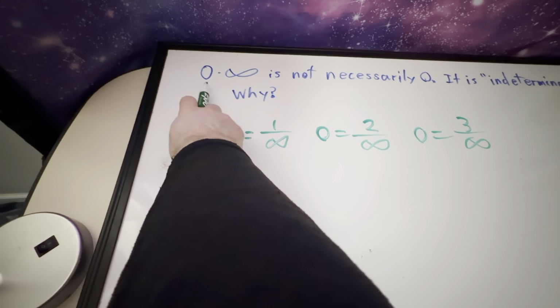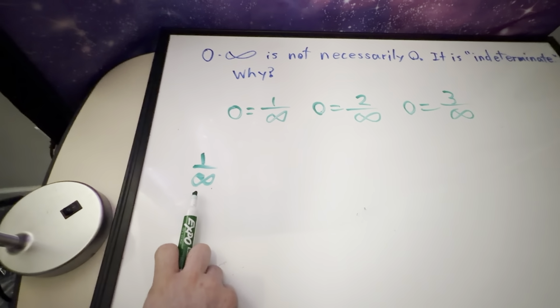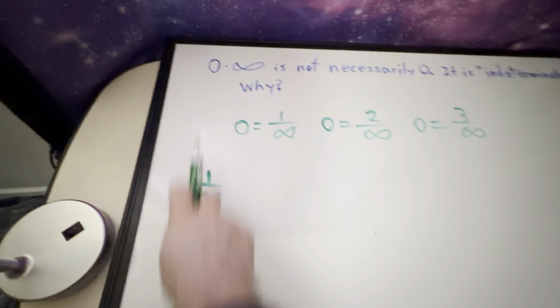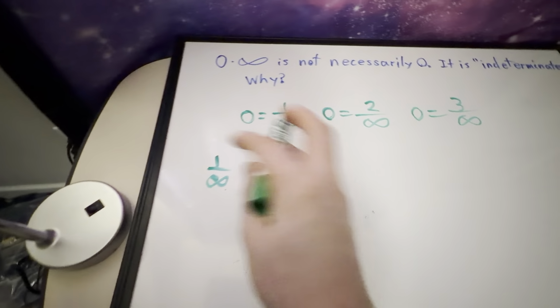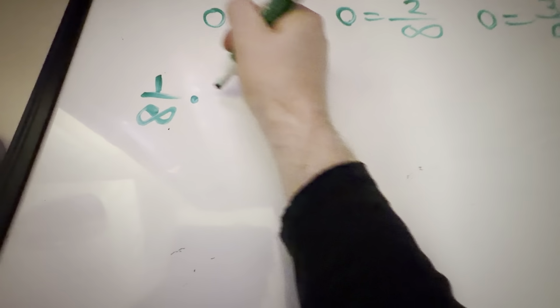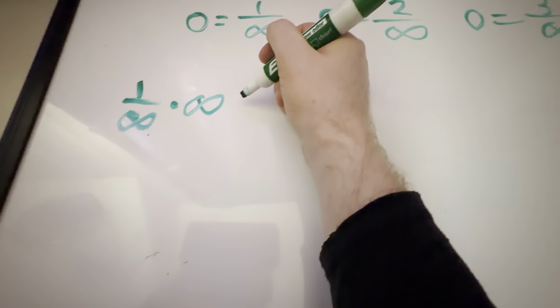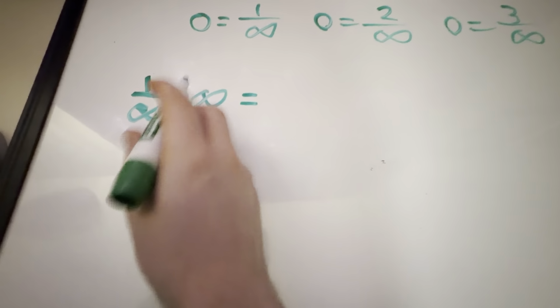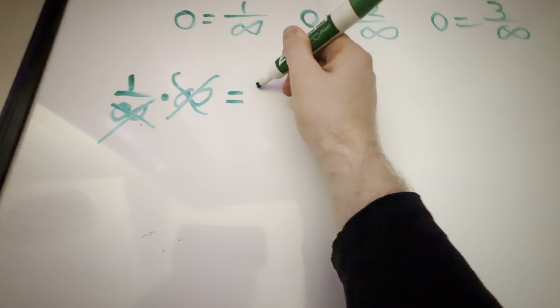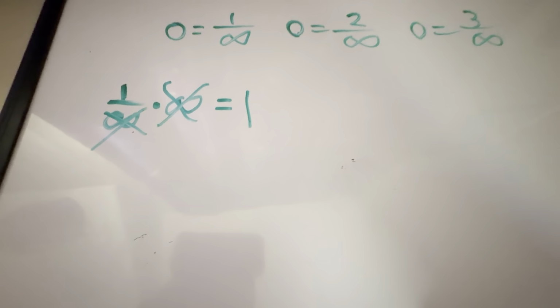In place of this 0, we're putting this, because 0 equals 1 over infinity. So we have 1 over infinity times infinity. Well, these cancel, so you can just say 1.